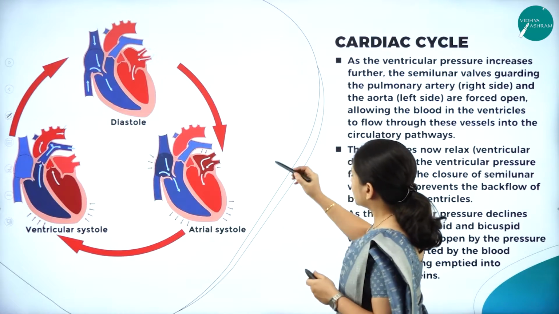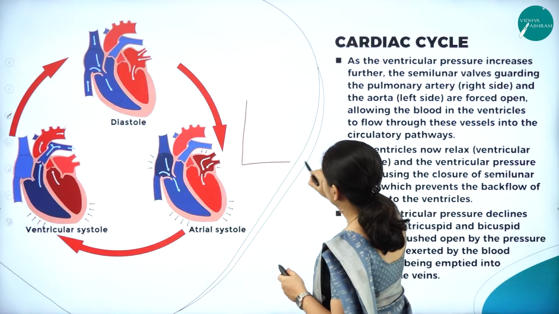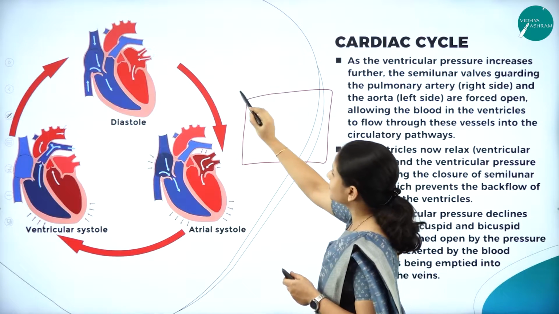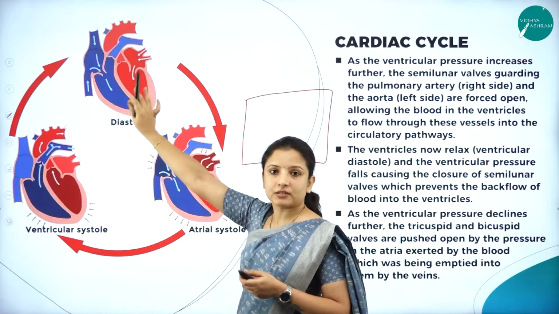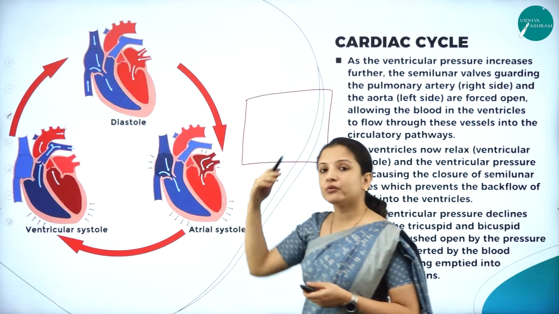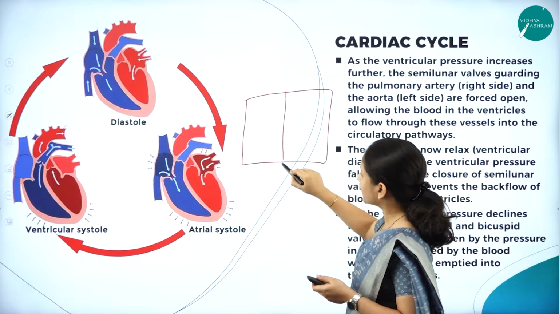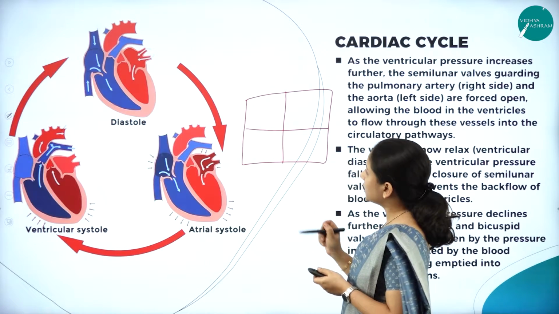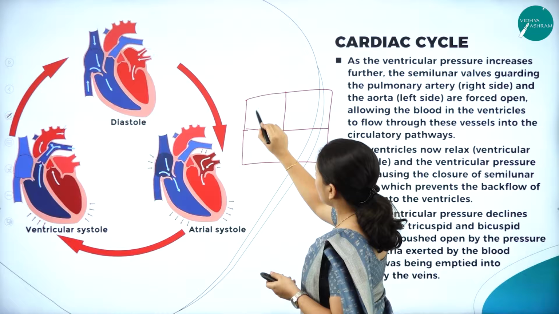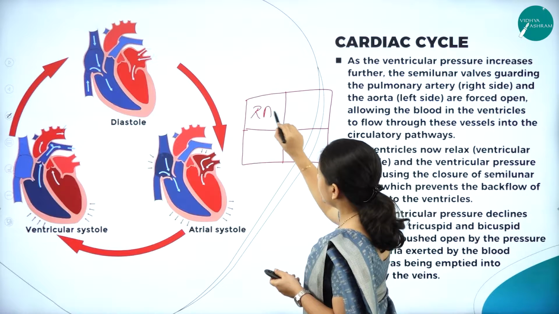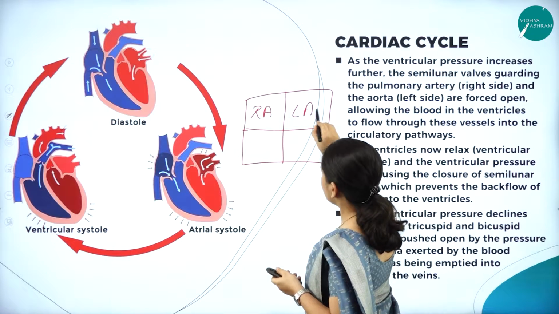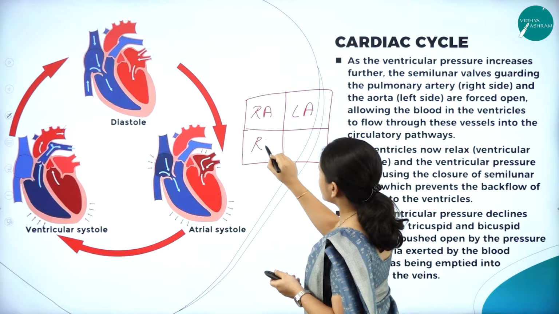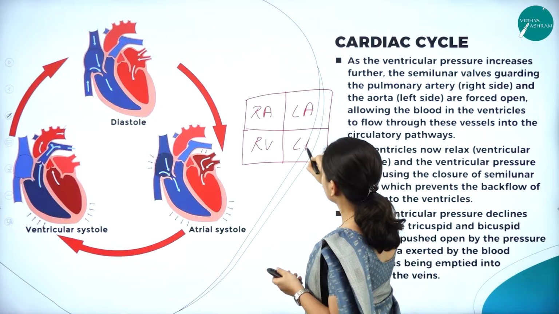Moving on further, I'll draw the same thing here so that you can better understand. You should understand this with the actual shape of the heart, but for easy understanding, I'm drawing it in the form of a square with four boxes. So what did we learn here? There is the right atrium, left atrium, right ventricle, and left ventricle.